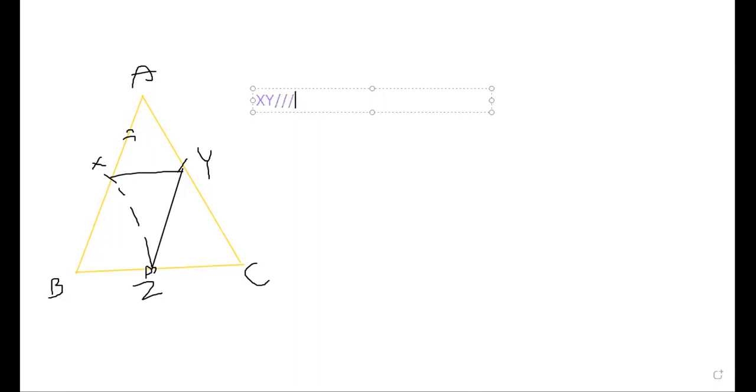XY parallel to BC. Then XY equals half of BC, since Z is the midpoint of BC.